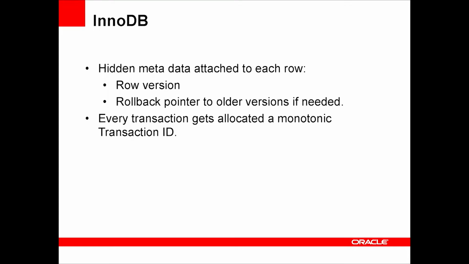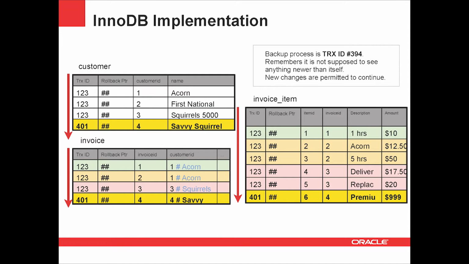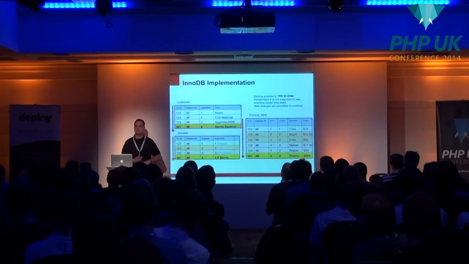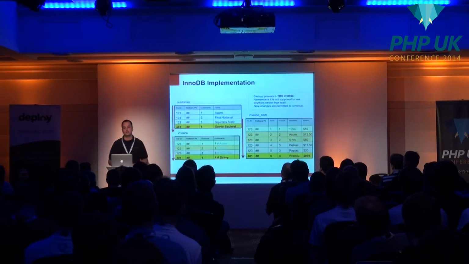I'll skip this slide. Let's show what happens when we do the backup. We read through, and we cover our eyes, and we say, I'm not going to see a number greater than 394, because my backup was running as ticket number 394. So if anyone inserted new data as, say, ticket number 401, I'm just going to skip it. I'm going to completely ignore it.